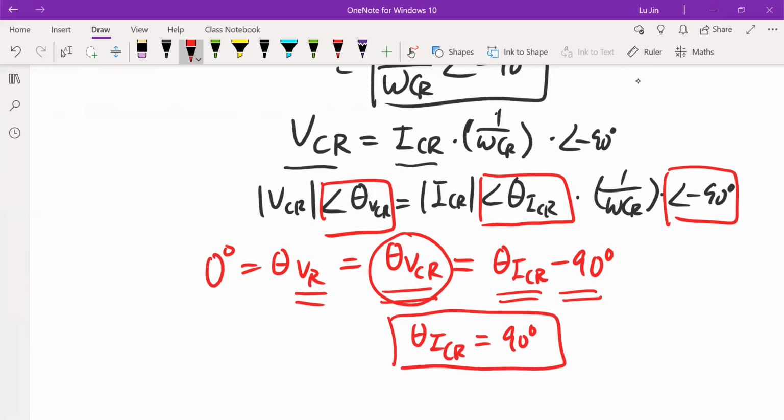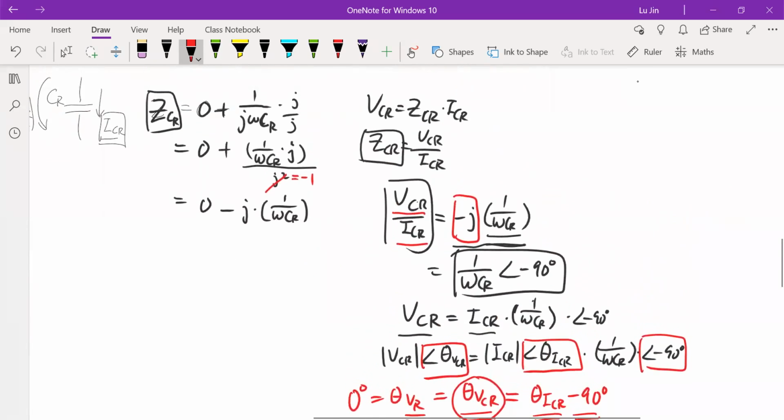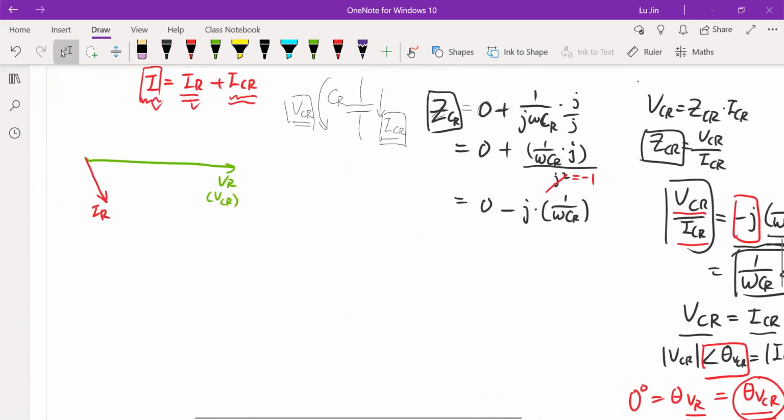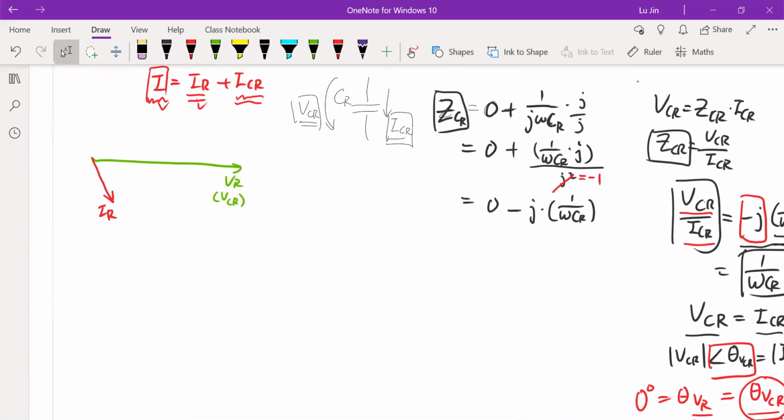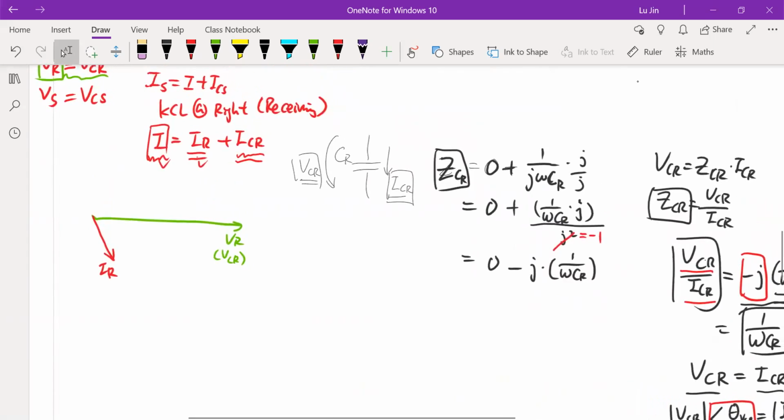Now we know the angle of the current going through the receiving side capacitor. So this I_CR must be 90 degrees, which means it's pointing upward.